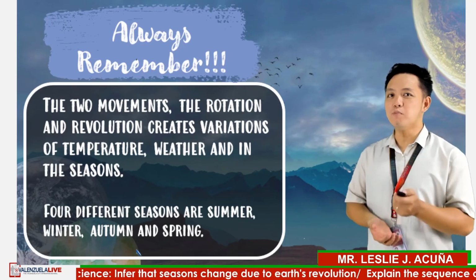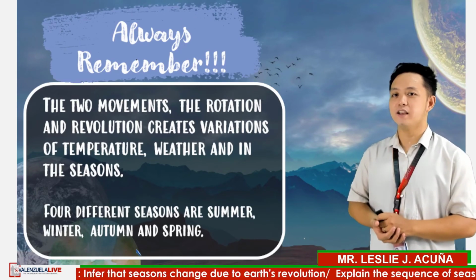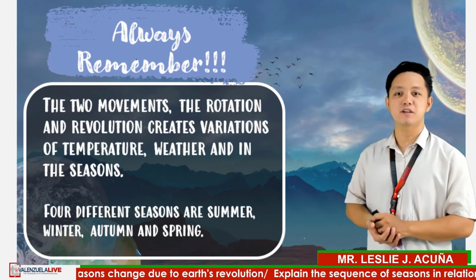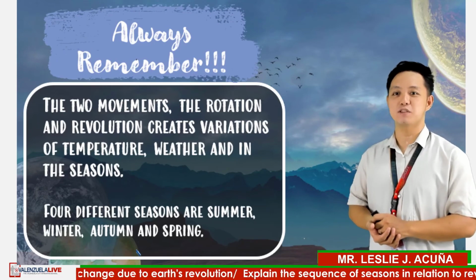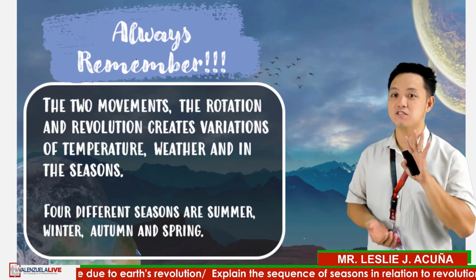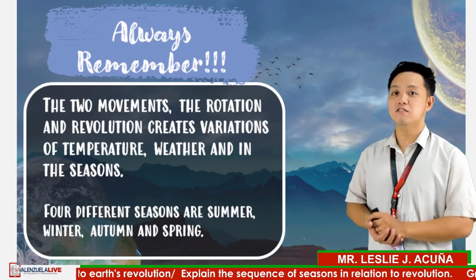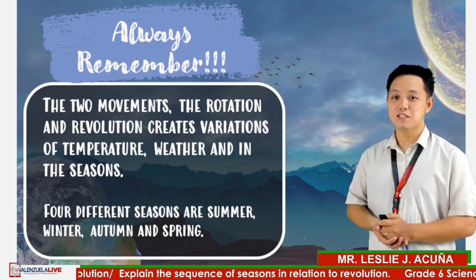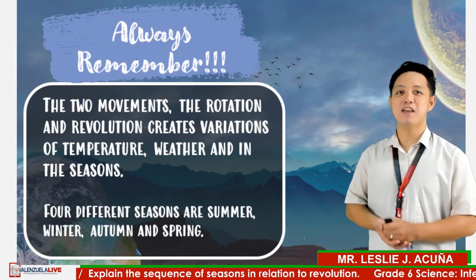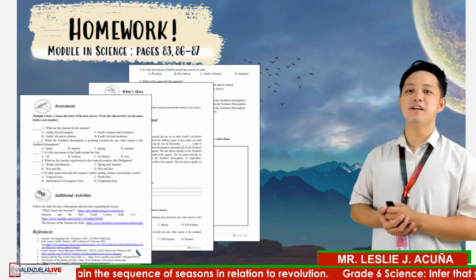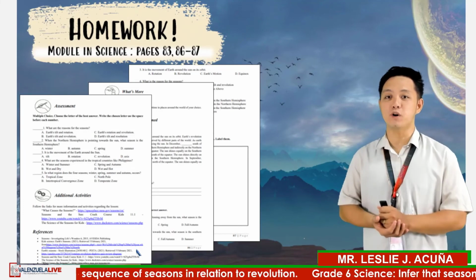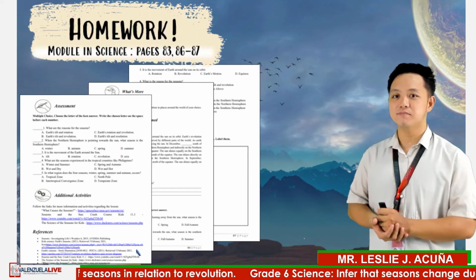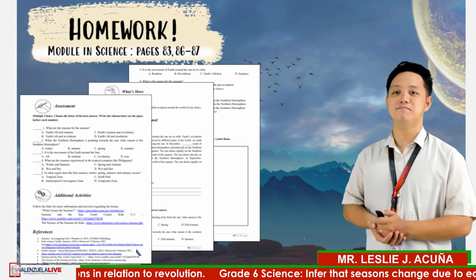So, the two movements, rotation and revolution, create variations of temperature, weather, and the seasons. We have 4 different seasons, namely summer, winter, autumn, and spring. And for our homework, answer the activities in your 4th quarter module in science on page 83, 86 to 87.